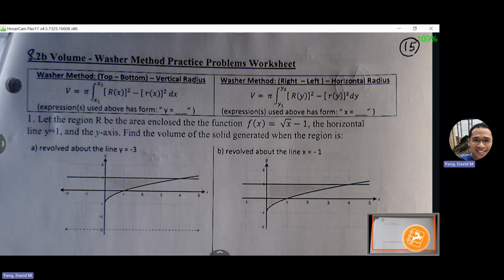If you see a vertical radius, it'll be top minus bottom, which is just a regular function.